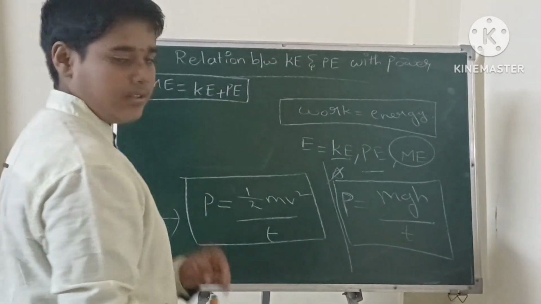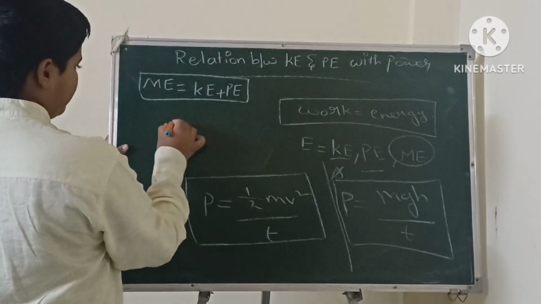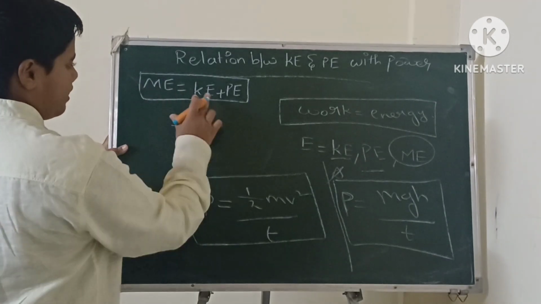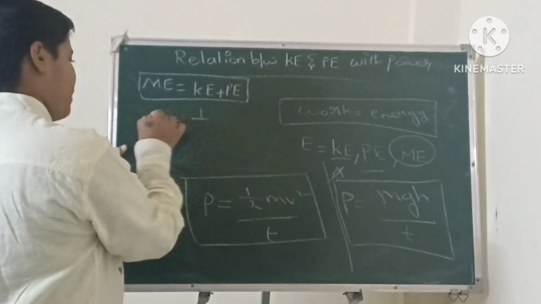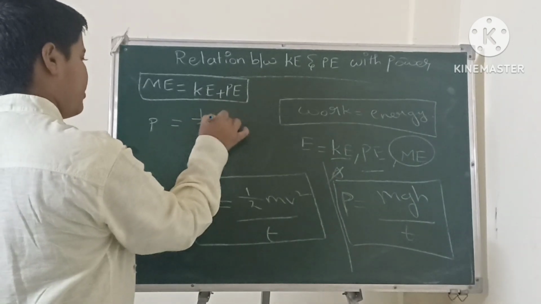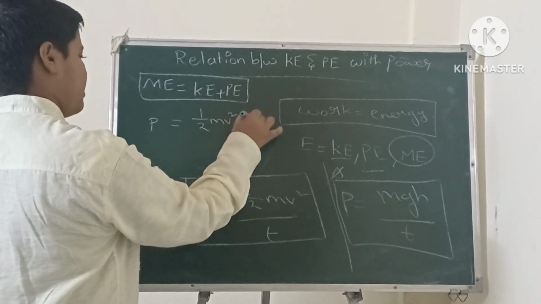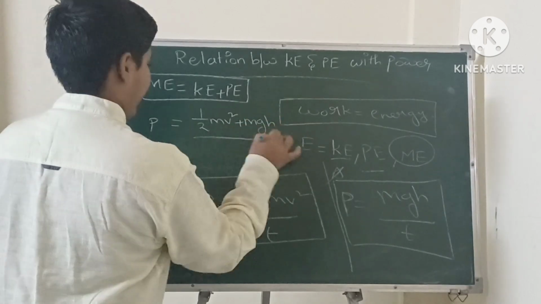So power equals half mv square plus mgh by time.